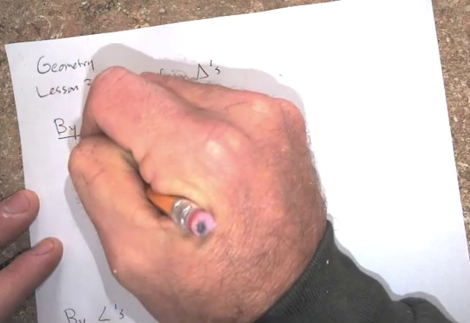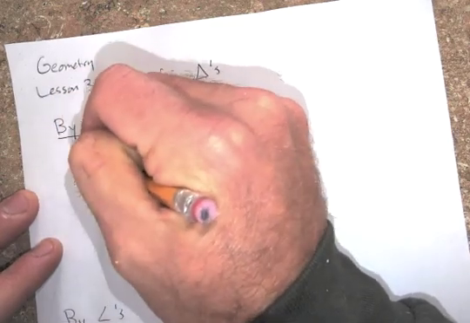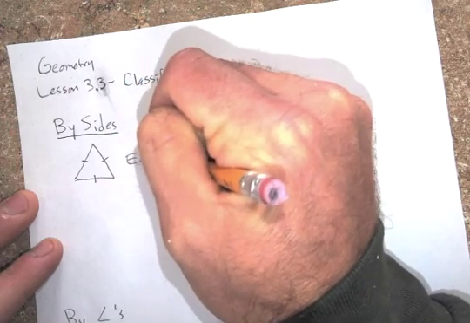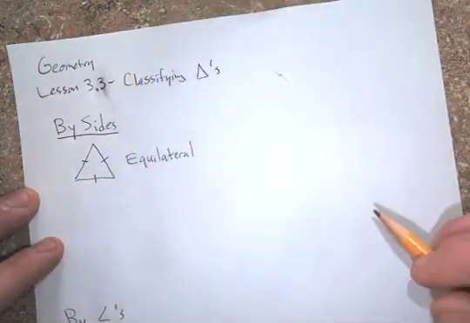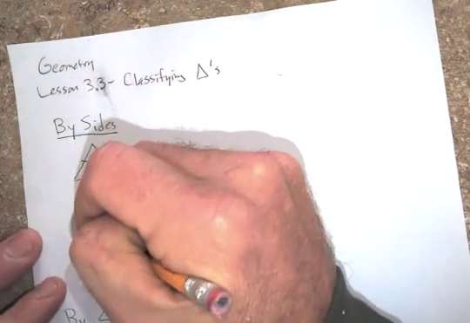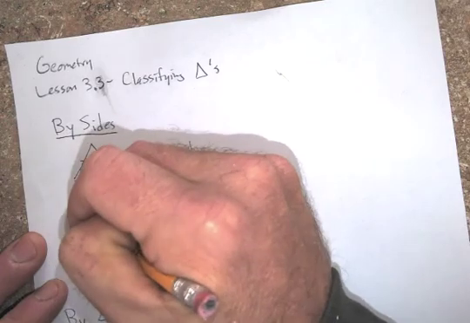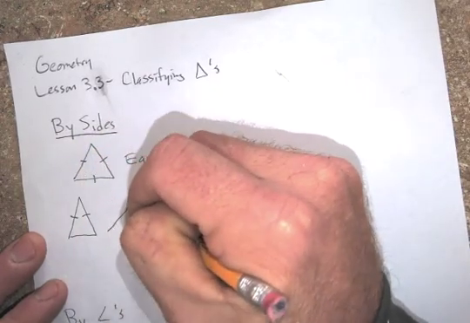All sides the same. We talked about how we could mark it like this, right? Equilateral. All sides are equal. Two of the sides are equal, so like this, or it could be something like this.